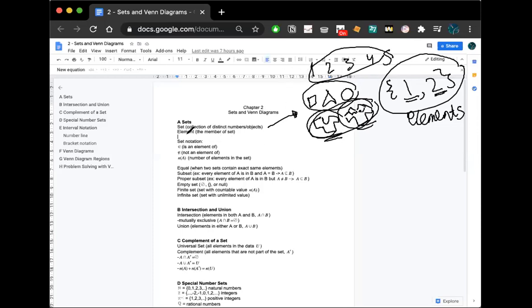And then we have several common notations that we use, which is this sign. Basically, in words, it means something is an element of something.